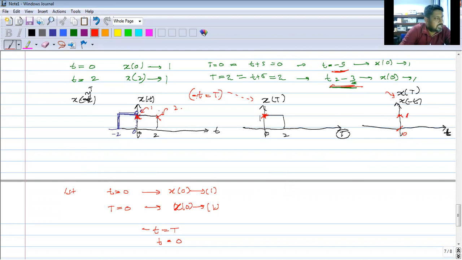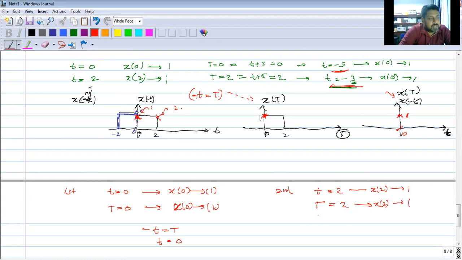So let's take the second point, that is t equal to 2. If I see the second point, you can see that x(2) is also equal to 1. So if we take capital T equal to 2, and if we plot it with respect to capital T, you will get 1 again.